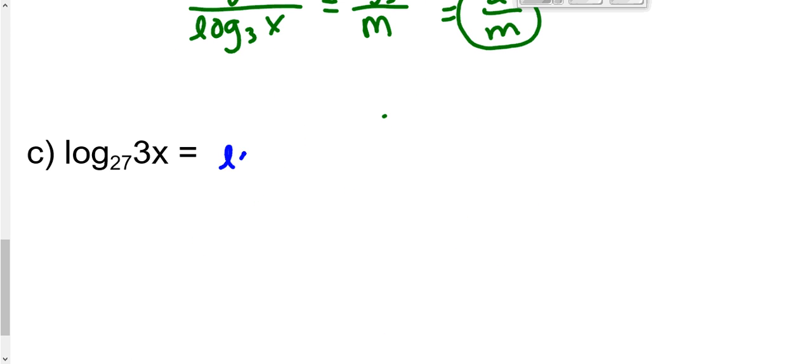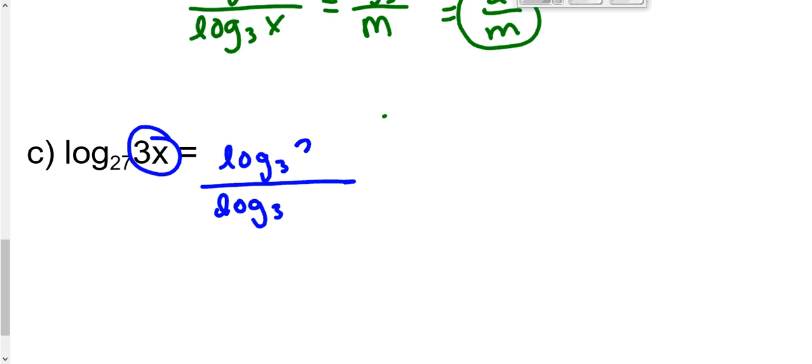So we have log base 3 over log base 3. This goes on the top. This goes on the bottom. Now we have to write this in terms of m. But I don't just have a log base 3 of x. I have a log base 3 of 3x.